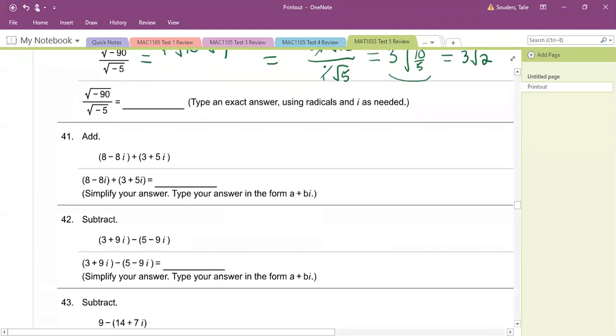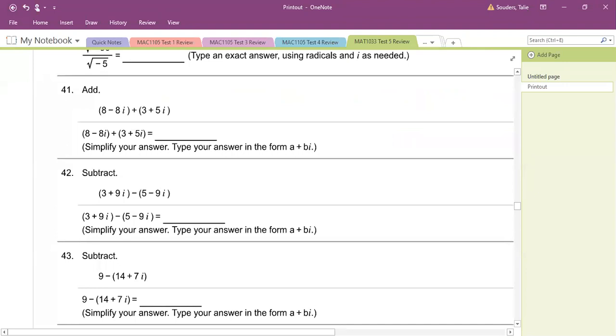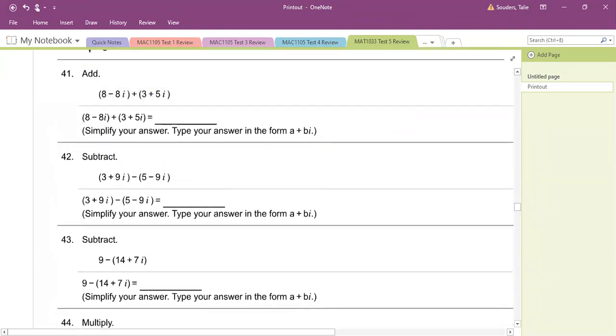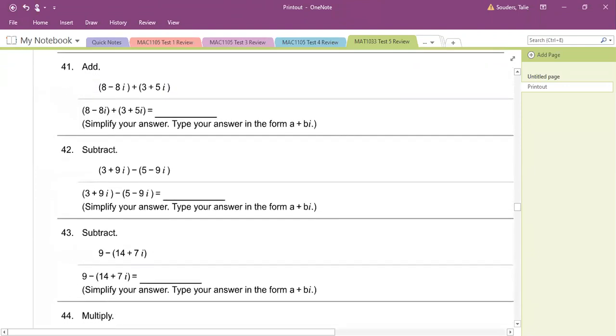Okay, number 41 and 42. Let's look at these for a second. Even if the word add wasn't there, even if there were no instructions, how would you know that you were adding in number 41? The addition sign in the middle. Correct. How would you know that you're subtracting in number 42? The subtraction sign.